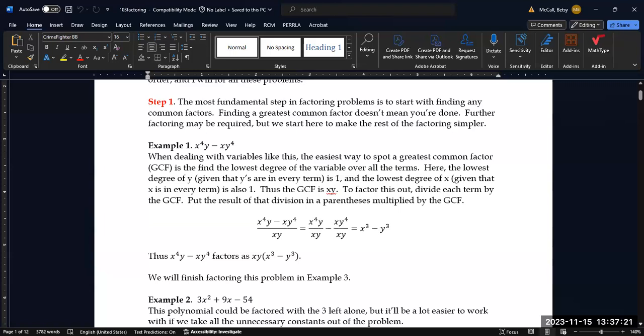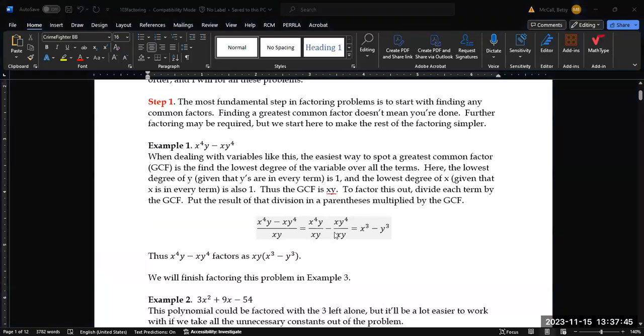One way of thinking about how we're factoring is that as we remove the factor, we're dividing what remains by that factor. So we can think of this as taking our original problem and dividing it by that common factor. Then we separate them out into two expressions and cancel. In this case, we would cancel the y's and one of the x's.